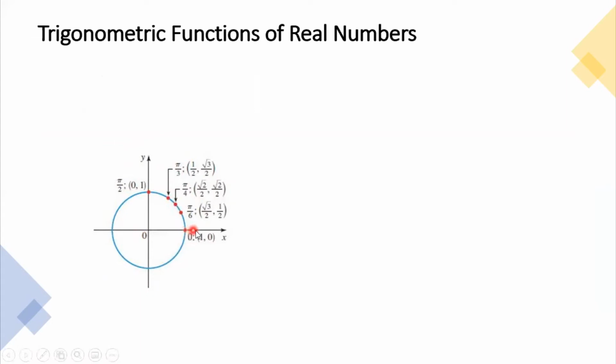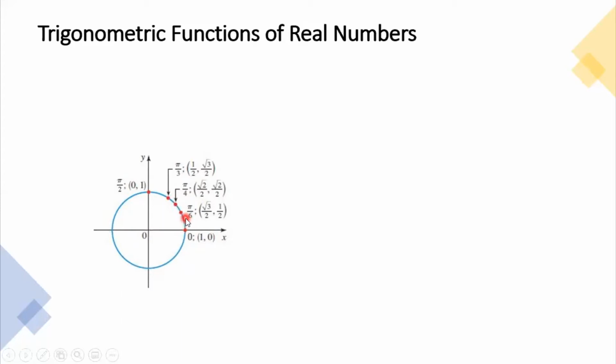It has a terminal point that coincides with the initial point (1, 0). If this point moves to this point, it forms an angle, right? That angle is equal to pi over 6 in radian, which in degrees is 30 degrees.